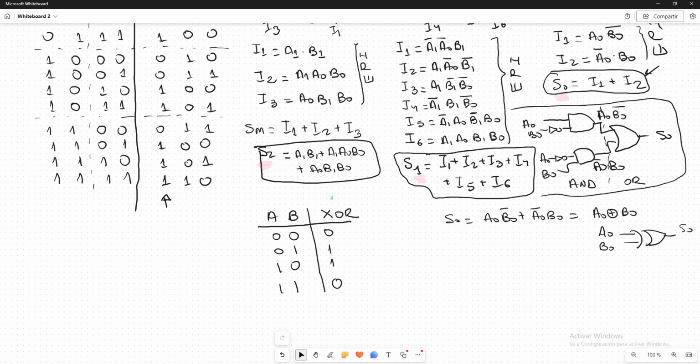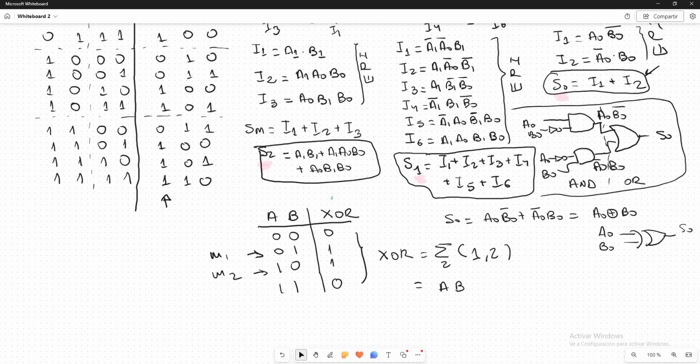So now we can build this using the minterms in which the function is 1, just applying the Shannon expansion theorem. Remember, we have 2 variables and we are going to include the minterms for which the function is 1, that is minterm 1 and minterm 2.